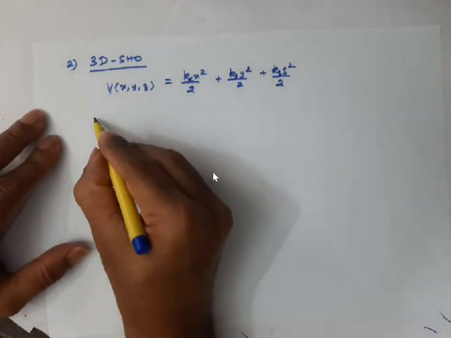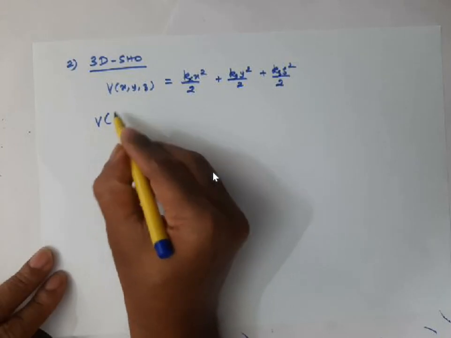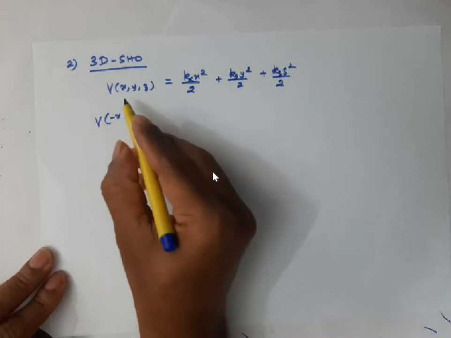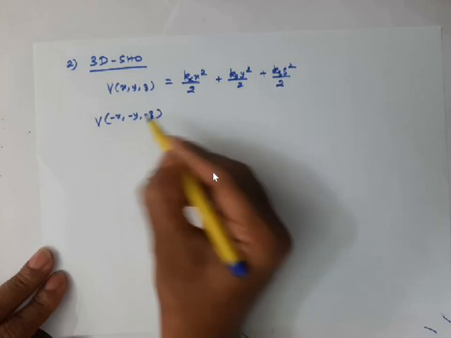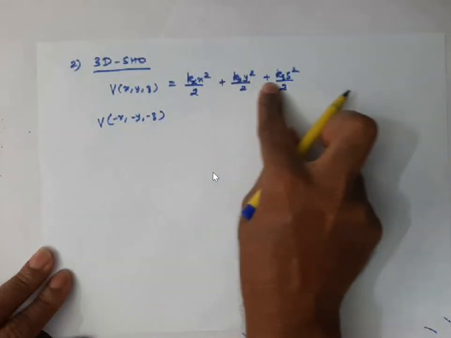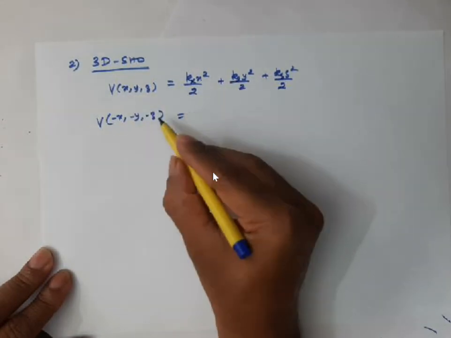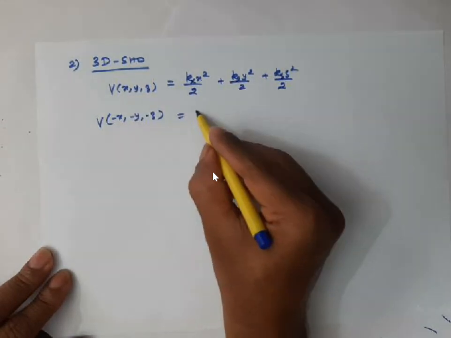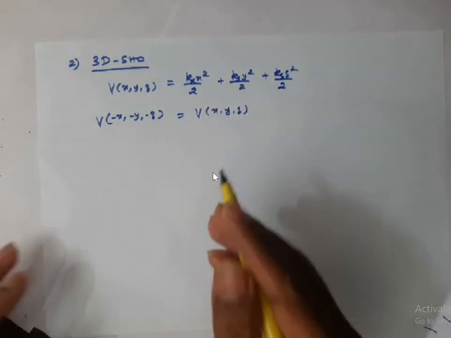Here again, if you change the coordinates, plus x to minus x, plus y to minus y, plus z to minus z, since we have square terms here, you will get the same result again. So changing the sign of the coordinates doesn't change the function.